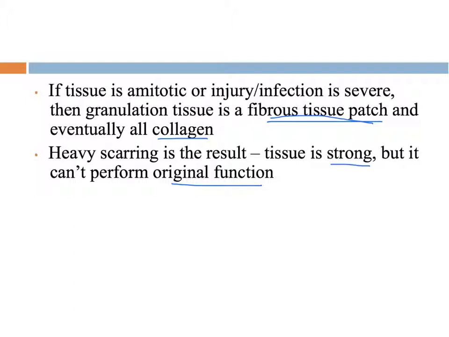In the case of amitotic tissues, it might really get in the way. In other cases, scarring can cause adhesions, which can lead to problems. Abdominal surgery often causes adhesions between the organs in the abdomen and may cause obstructions in the intestine. Joint surgery sometimes causes adhesions that could even immobilize the joint. So heavy scarring can be a problem.